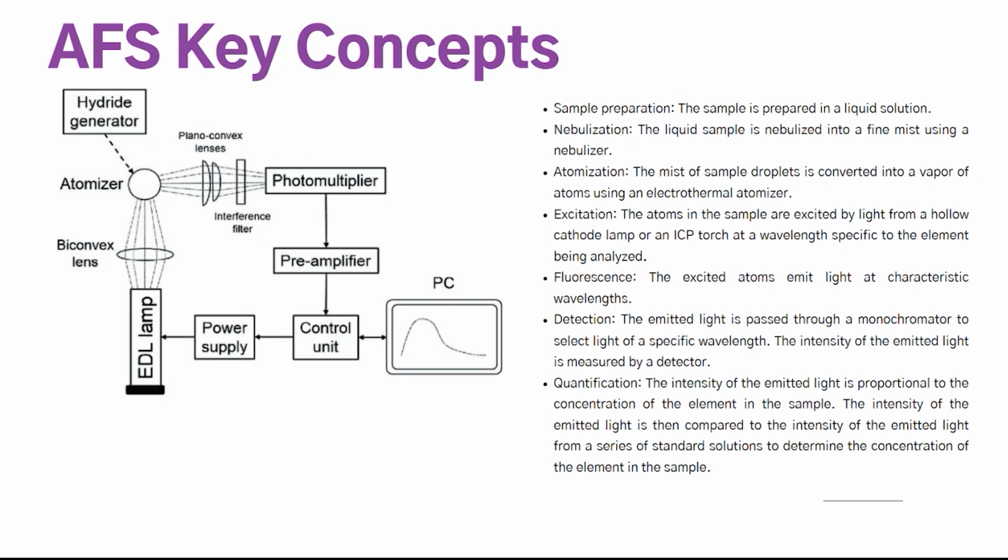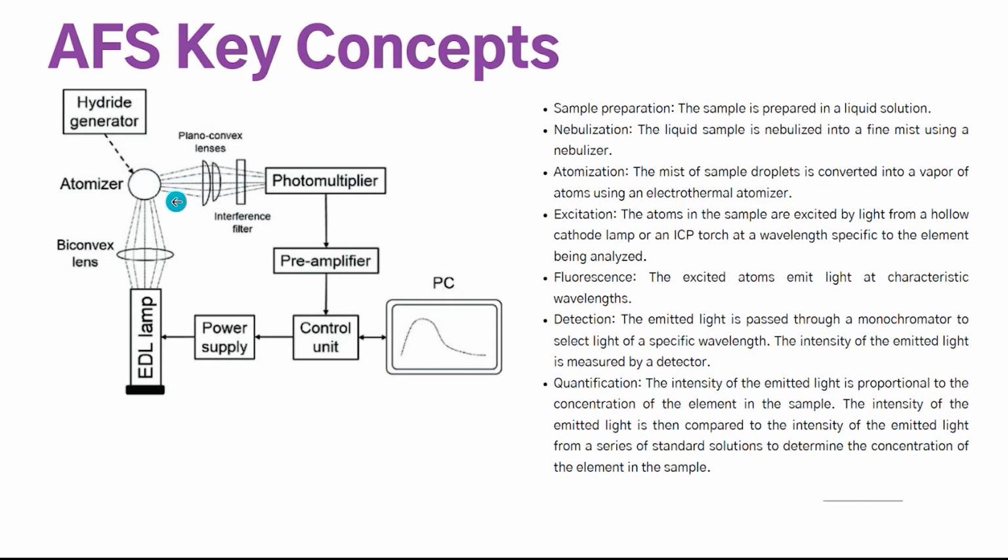So after the atoms are excited, the atoms are now at a higher energy level. Now, the excited atoms emit light at a characteristic wavelength. The wavelength characteristics are determined by the electronic structure of the atoms, and the emitted light has a longer wavelength and therefore a lower energy than the absorbed light.